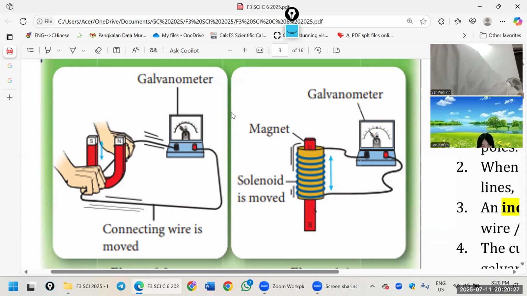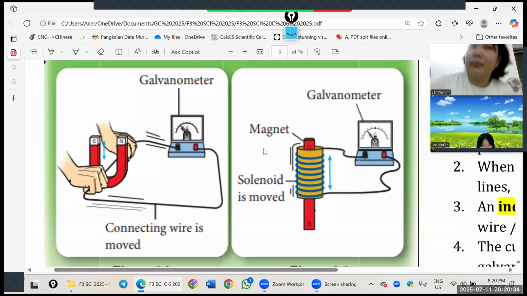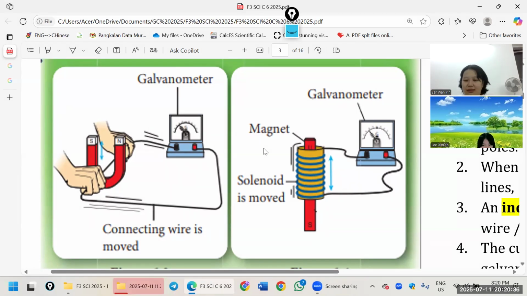Movement of what? You look at the diagram and tell. Then you can see this diagram and tell. First of all, move what?